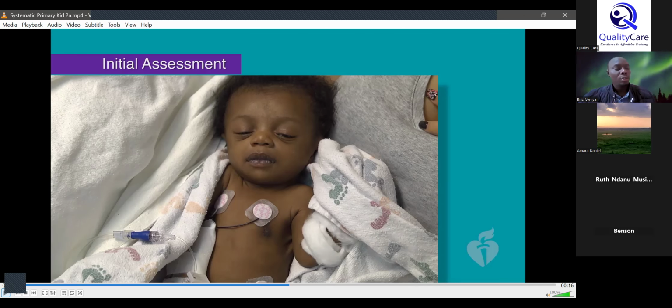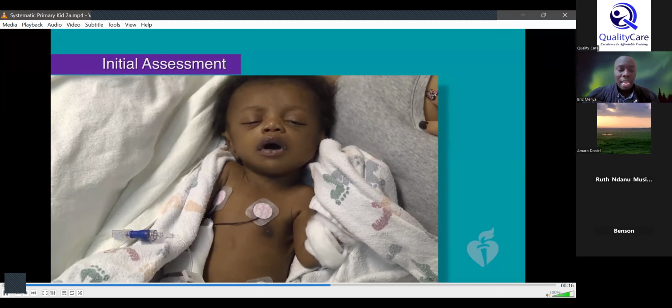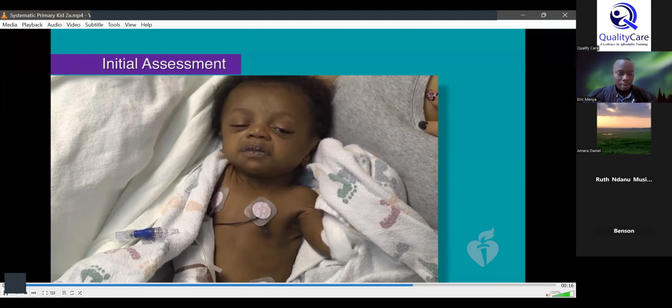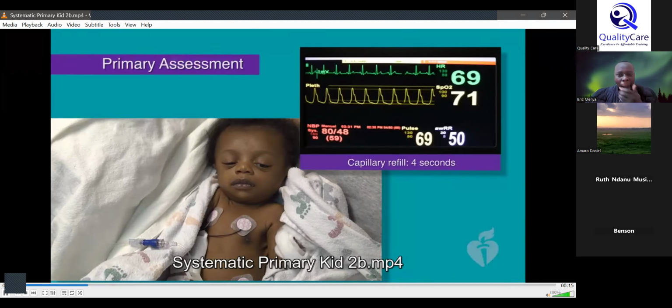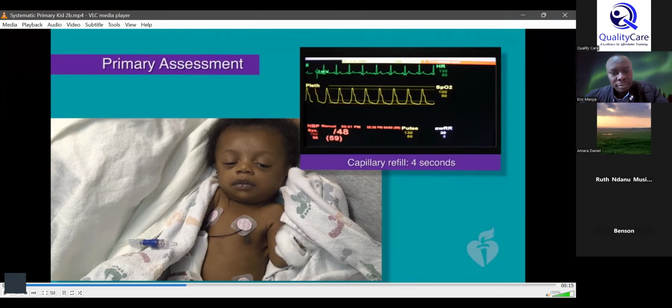So primary, you start with the airway, right? How is this child's airway? Literally impossible to assess because you can't hear if baby is crying, so you can't tell whether it's patent or not. But I would say patent because baby is still able to breathe in. Okay. Breathing.